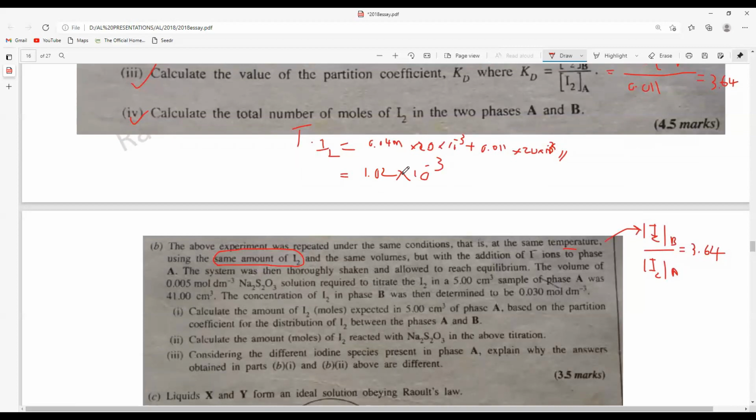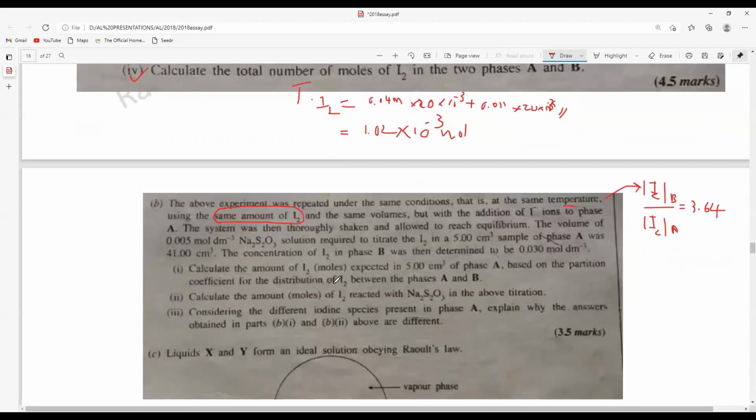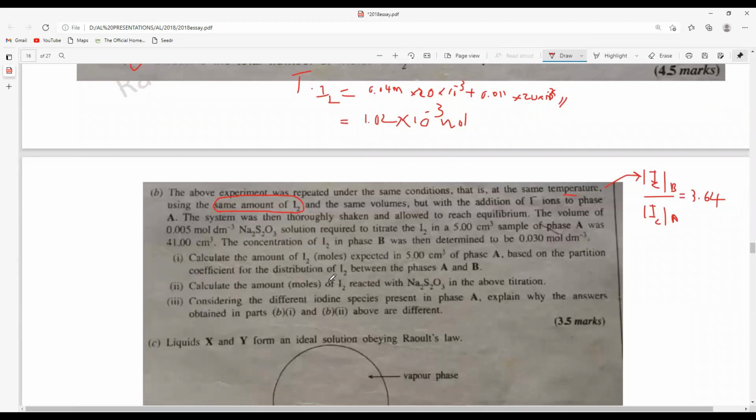So we use the same amount here, same volume, and we add a little bit of I minus. The system was again shaken thoroughly and allowed to reach equilibrium. The volume of 0.005 again, same sodium thiosulfate, to titrate I2 in this 5 cubic centimeter sample of phase A was 41.